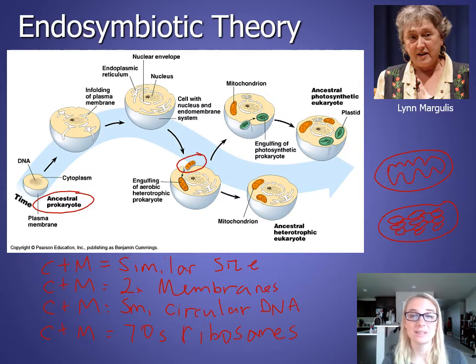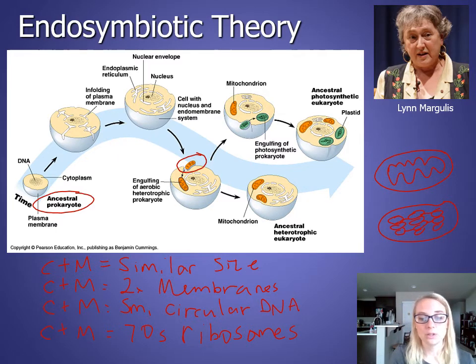So they created a symbiotic, mutually beneficial relationship where the heterotrophic bacteria will share the ATP that it makes by its metabolic pathways, and the engulfing cell will not destroy it and will give it nutrients and a safe place to stay.